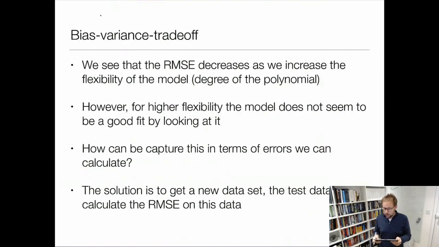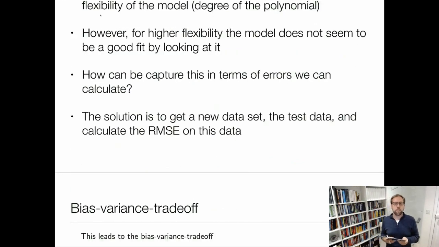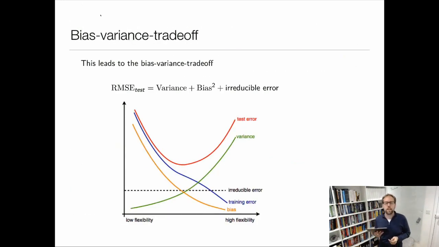And in general, we have this relationship here, which is sometimes called the bias variance trade-off. So I have the root mean squared error. This is my error on the test set. It's effectively just the least squares error, but the square root of it.